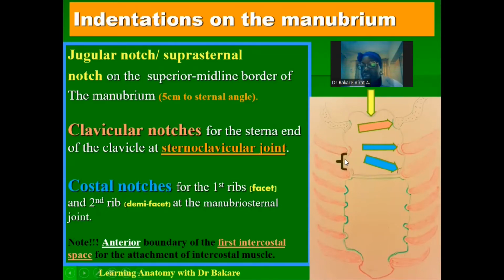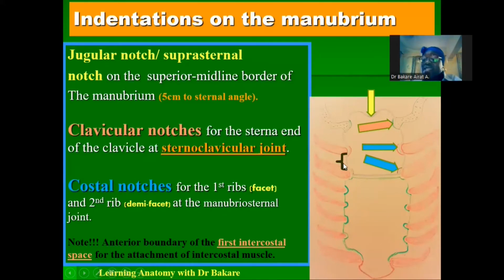And this is the region here on the lateral border of the manubrium between the first and the second costal cartilage. So it is the anterior border that is seen around the lateral border of the manubrium, because this is the anterior border, while the posterior border will be seen at the posterior part where the ribs connect with the thoracic vertebra. This creates a site for attachment of intercostal membrane and also intercostal muscle.